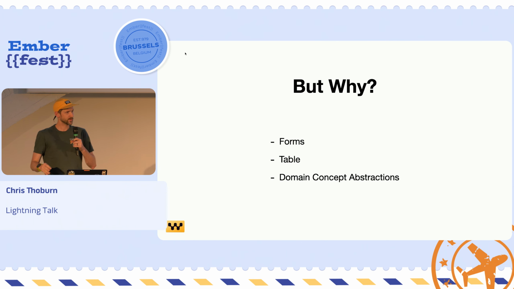There's a whole bunch of reasons we want to do this, not just domain concept abstractions or materialized views or APIs that are kind of funky as to what they give you and where they claim it comes from. I think that this is also a solution to a lot of the ergonomics problems around forms and tables, because very often we have very distinct resource data up until the moment that we actually want to use it in our app.